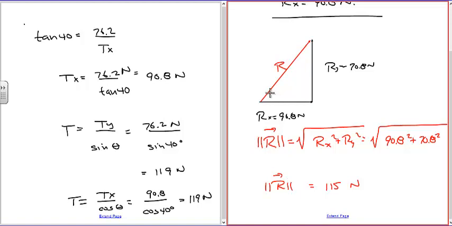And then you could figure out, let's call that alpha, the angle that makes with the horizontal. Alpha is going to be equal to the inverse tangent of R sub y divided by R sub x.